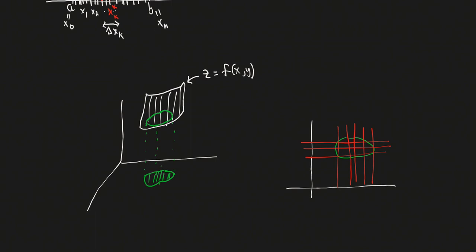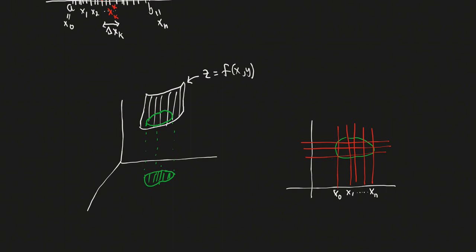So let's again get some notation going. On the x-axis, I'm going to use the same kind of labeling. This is going to be our x0, and then there's going to be an x1 and up to xn, right? And then do something similar on the y-axis. Now, I don't have to have the same number of vertical lines as horizontal lines.